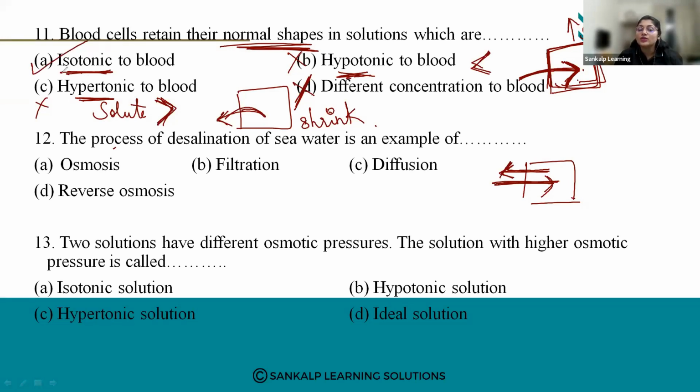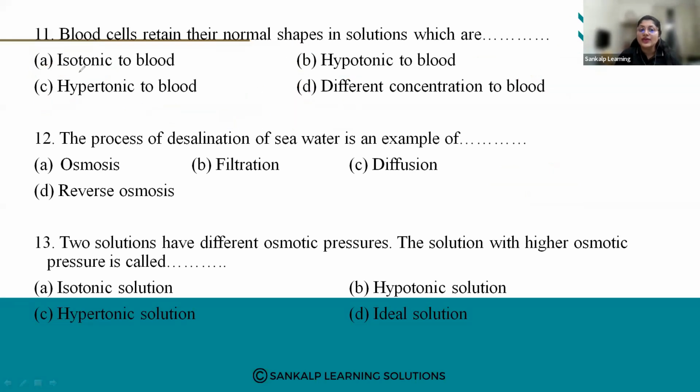Both the solutions have the same osmotic pressure at a given temperature. That is, the water concentration inside the cell and outside the cell is the same. Then it is called isotonic. So that option is the right answer.